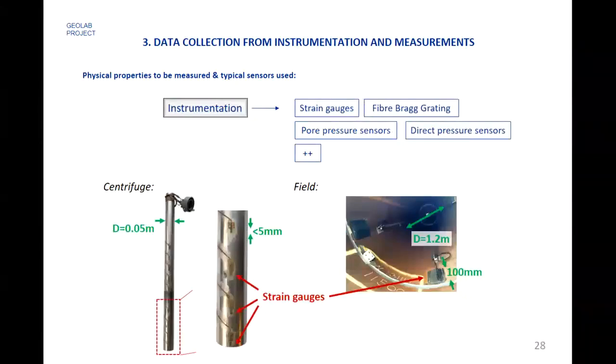With instrumentation on the model, we have used strain gauges outside the pile, for instance, and inside the pile, also for closed-ended piles. And recently, we used fiber optics that are quite accurate, waterproof, and can be integrated in the thickness of the pile.